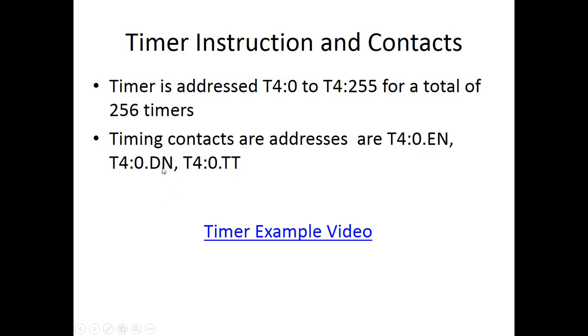The DN, the done bit, represents when the timer has timed out and reached the 5 seconds, for example. And then the TT is the timer timing bit, and this is true whenever the timer is timing. So in this case, it would start at 0, and if you activate the timer, this would be on for 5 seconds, and then it would stop.